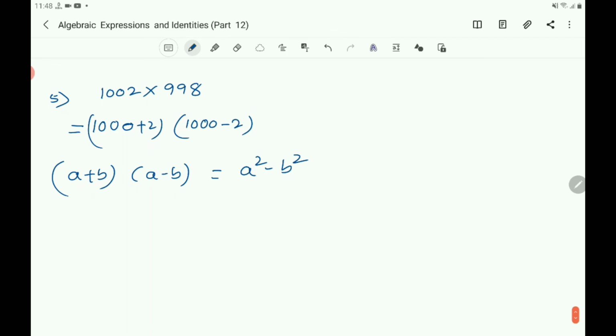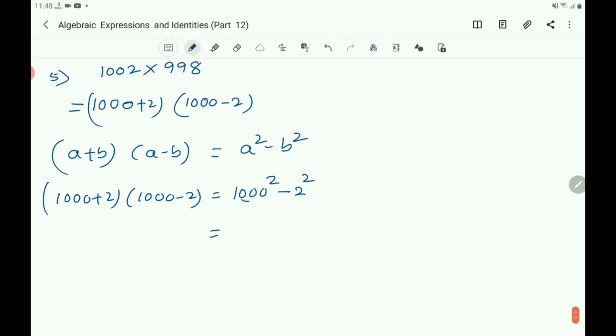Then 1000 plus 2 into 1000 minus 2 equals the square of the first term, that is 1000 square, minus the square of the second term, 2 square. 1000 has 3 zeros, so its square has double, 6 zeros. 1000 square is 10 lakh, 2 square is 4.